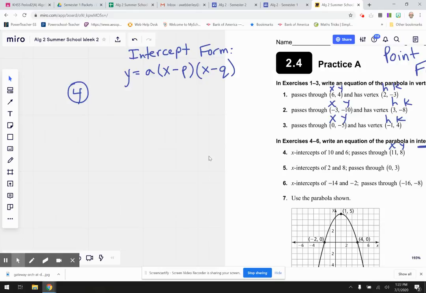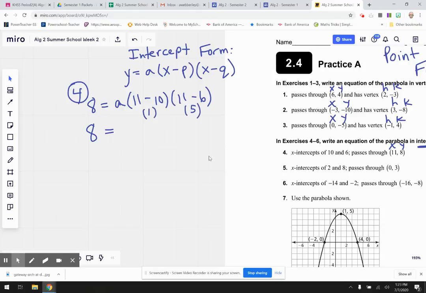So 8 equals a, we don't know what a is. We do know what x is. X was 11. We do know what the first intercept was. It was 10. And then 11 minus the second intercept was 6. So you're going to solve this with a, equals, and then we've got 1 and 5.